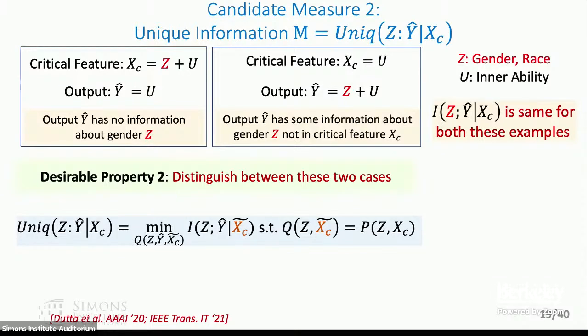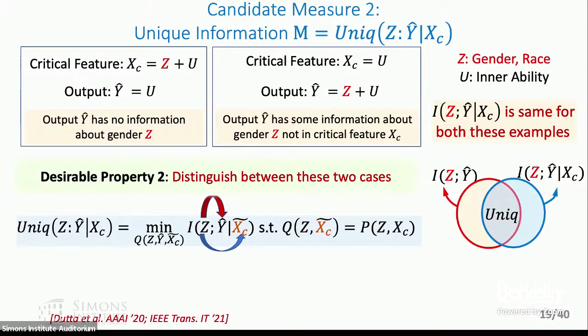So this is the formal definition of unique information. It's the minimum conditional mutual information when only the marginals between Z, Y hat and Z, XC are preserved, but the joint distribution of these three random variables is allowed to vary. And if you're interested in Venn diagrams, this is a Venn diagram interpretation of unique information.